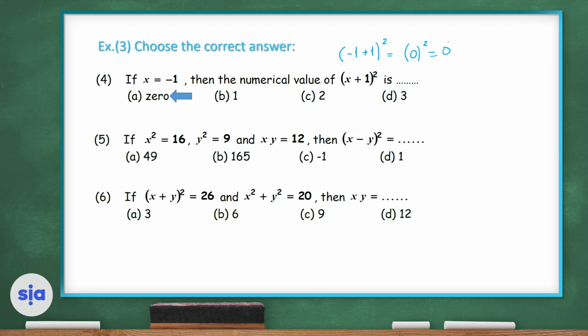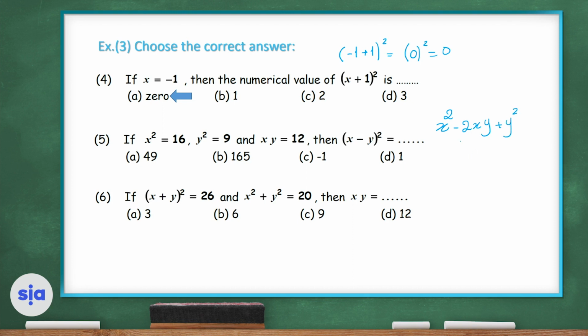Question 5 says x squared equals 16, y squared equals 9, xy equals 12. How can we find (x - y) all squared? The first thing that you need to do is to expand (x - y) all squared. So first squared, 2 times first times second will be negative 2xy plus y squared.